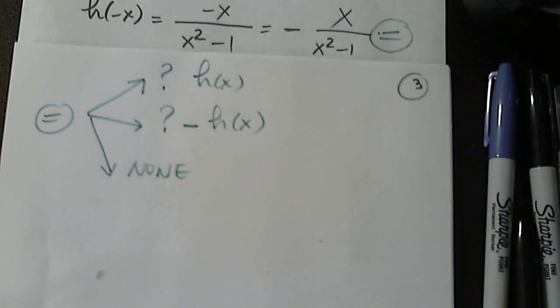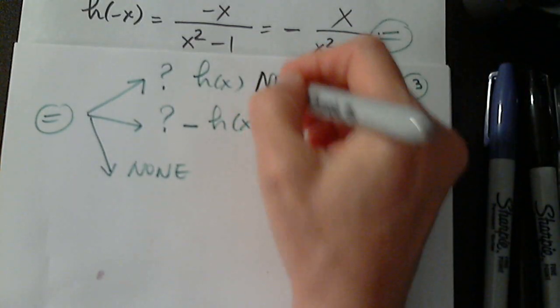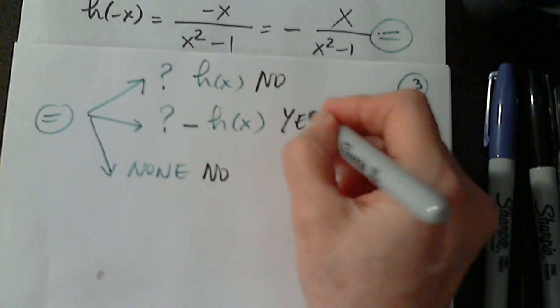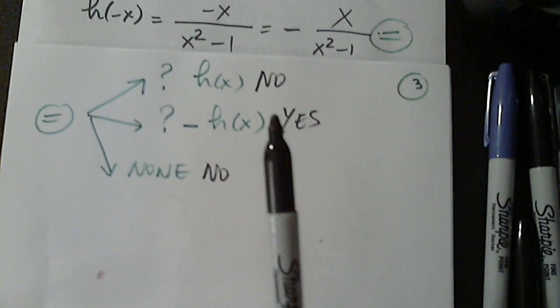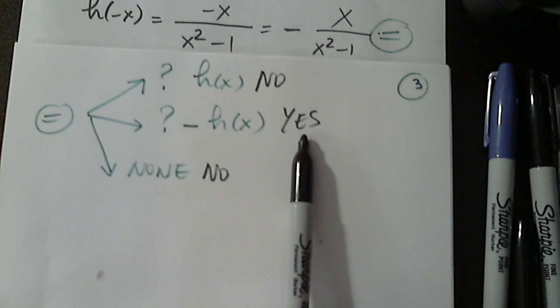Can anyone predict or give us an idea? Would it be odd? Yes. So this is a no, this is a no, and this is a yes. Thank you so much, Kevin. So why is it the case?